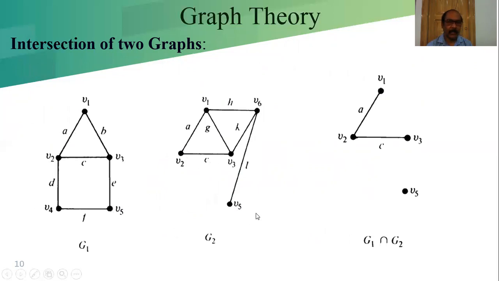So the common part will appear in the intersection of G1 and G2: V1 A V2, V2 C V3, and the vertex V5. This is the intersection of G1 and G2, denoted as G1 intersection G2.